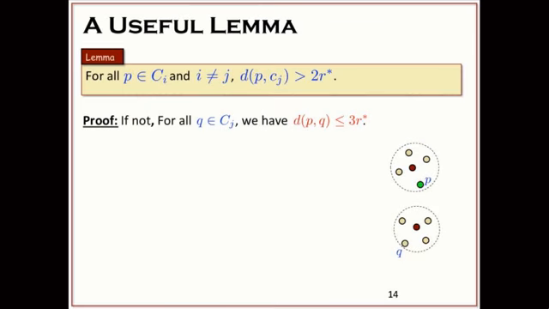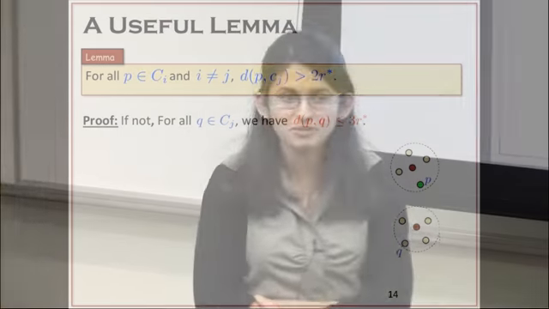Okay, a useful lemma. That is, for any point, the distance of that point to a center that is not its own is more than 2r star. I want to prove this. And once I prove this, fact 1 and 2 follow very quickly from it. Let's assume that's not the case.